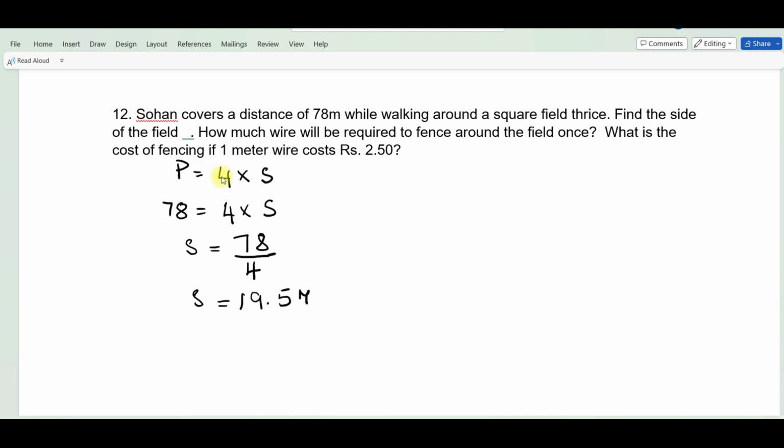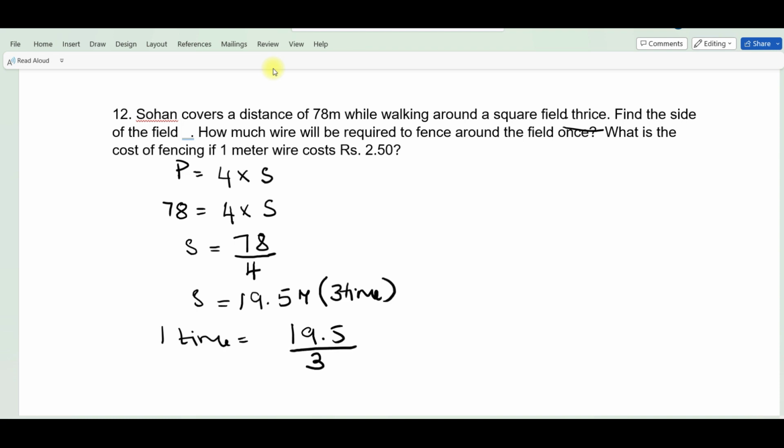Okay, but you can watch here, they have said Sohan covers a distance of 78 meters. What they have given is thrice, that is 3 times is 78. So this 19.5 meters would be for 3 times now. I have to find out what 1 time of the side is. So I have to just divide 19.5 by 3.